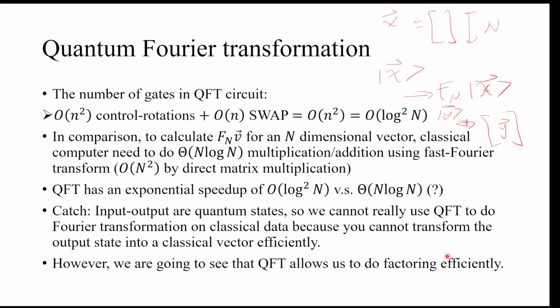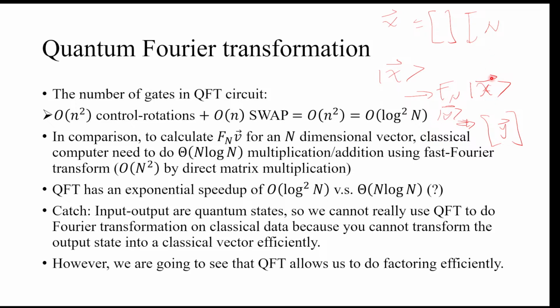We said you need to be careful. You can do the quantum Fourier transform very fast, but that doesn't mean a quantum computer can do the classical Fourier transform very fast for you. When you do a classical Fourier transform, you want an input and output vector, and it's hard to convert your input and output classical vector to and from a quantum state.